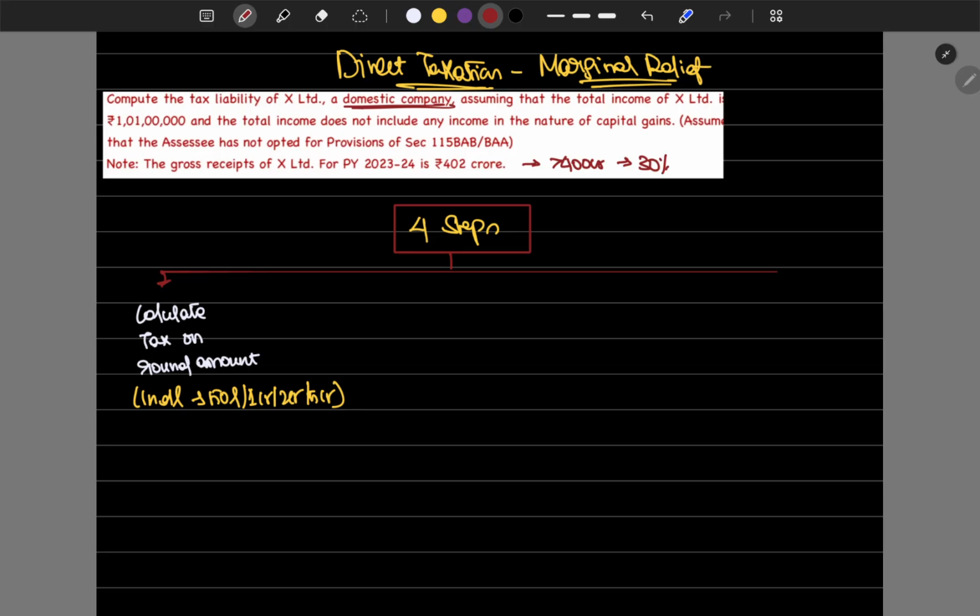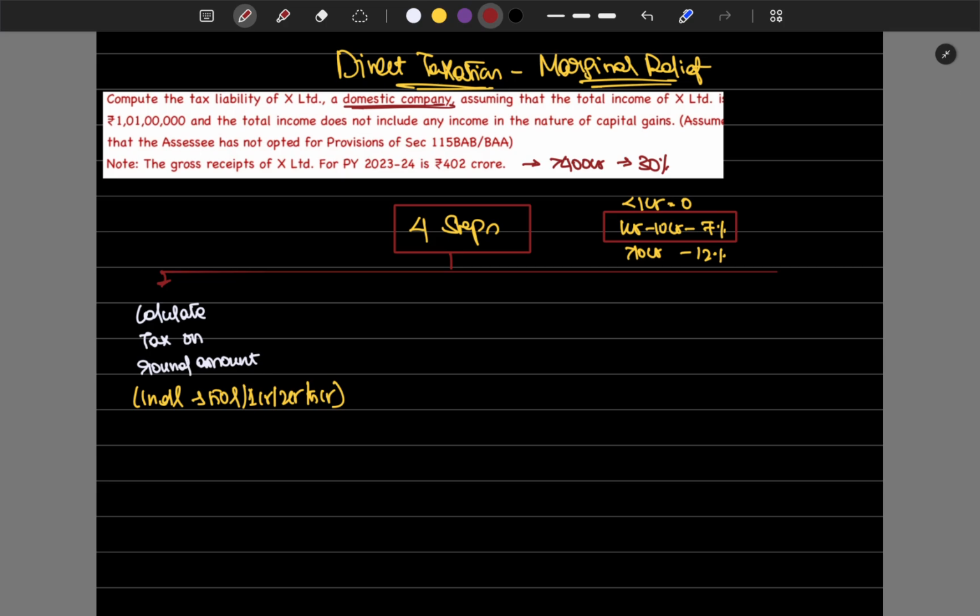How to solve this problem? We can clearly find that the income has been marginally increased by 1 lakh. So we are attracting the surcharge, because for companies below 1 crore there is no surcharge. From 1 crore to 10 crore, 7 percentage surcharge. More than 10 crore, 12 percentage surcharge. This is the surcharge rate. Since their income has been marginally increased by 1 lakh, they fall into the 7 percentage bracket, so marginal relief might apply.